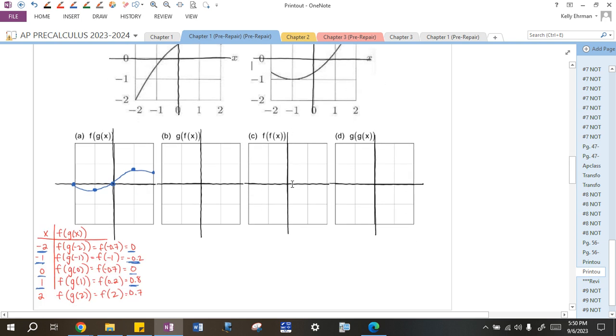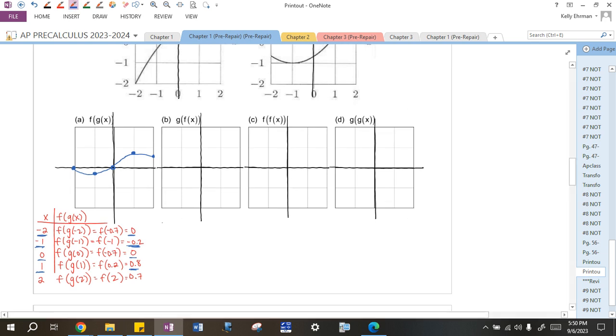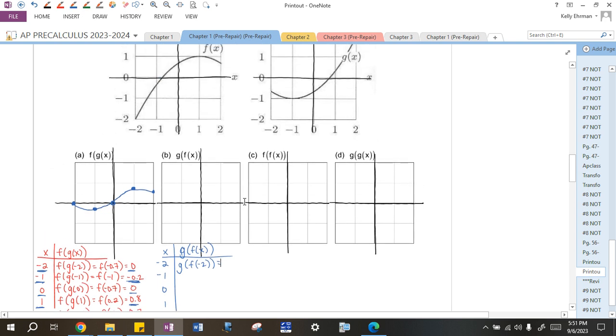What if we switch it to g of f? So, g of f of x. You're plugging in the same x values and doing the same type of thing, but now we're going to start with f's graph. So start at f of -2.